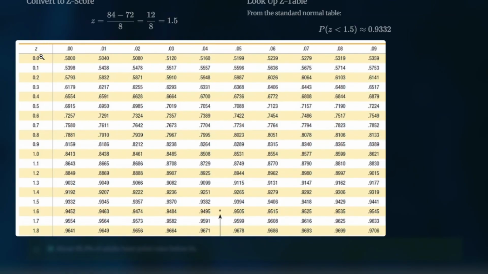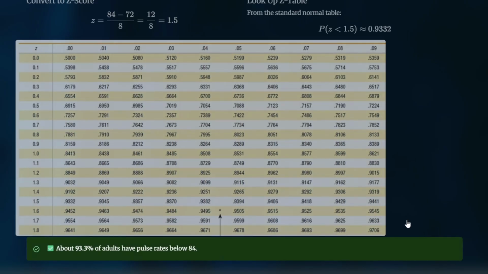If we look at our table, z 1.5 is here, 1.50. The probability is 0.9332. So the probability that a randomly selected adult has a pulse rate less than 84 beats per minute will be 0.9332. Or in other words, about 93.32% of adults have pulse rates below 84 beats per minute.